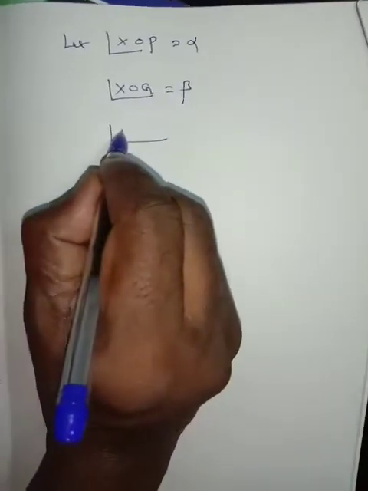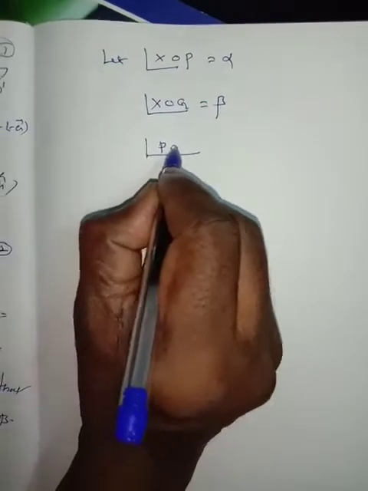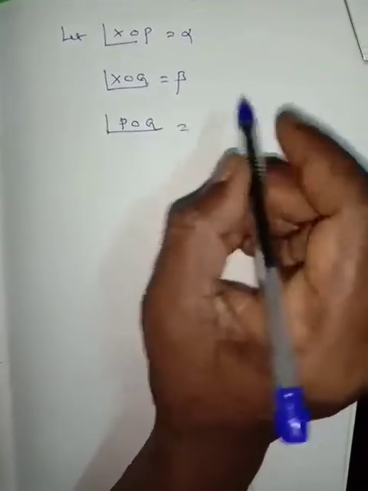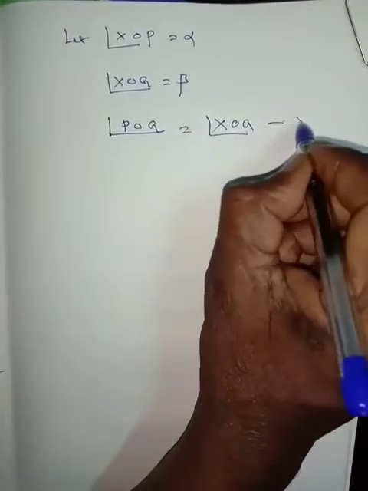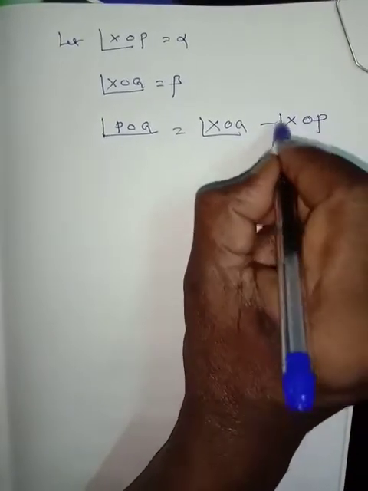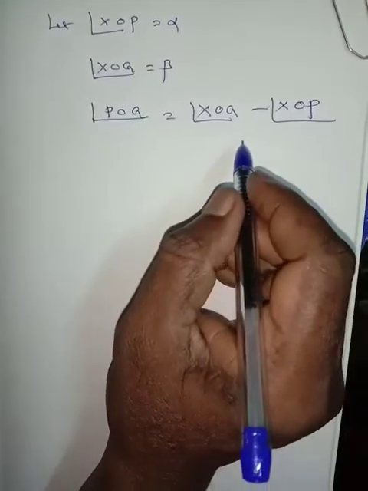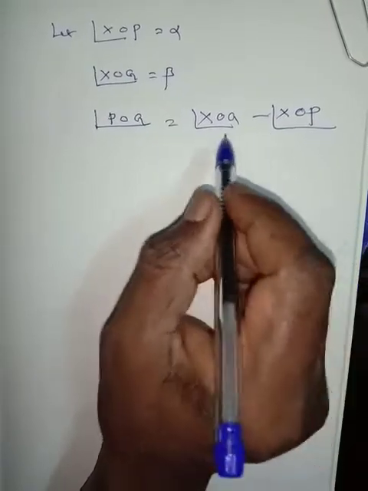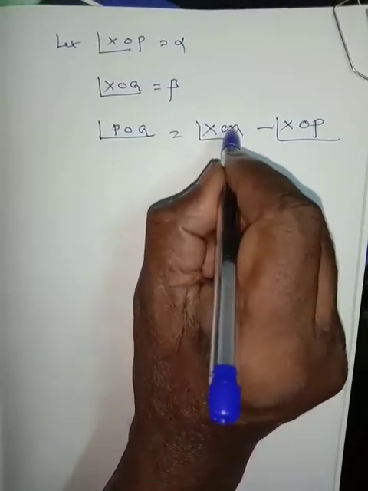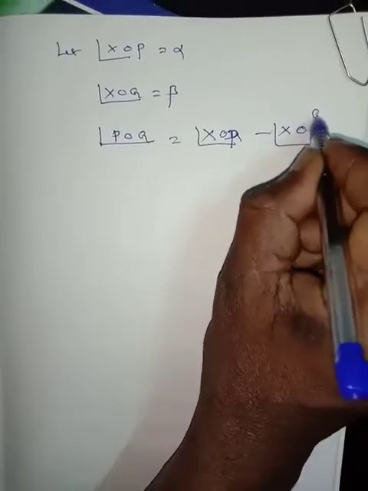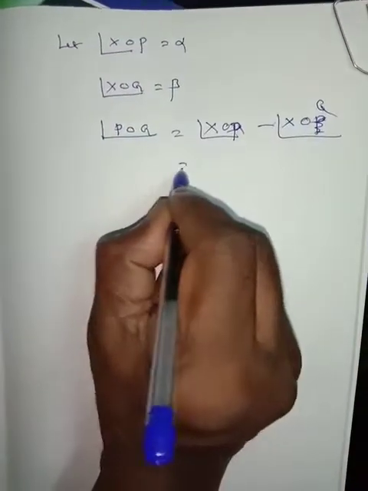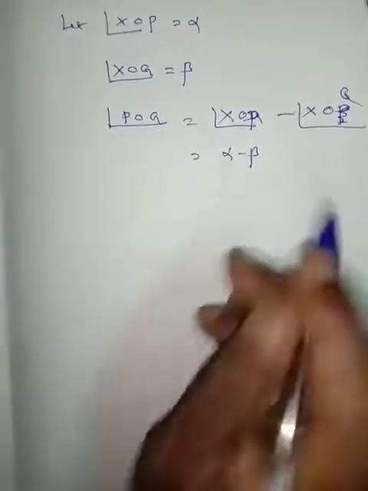Angle POQ is equal to angle XOP minus angle XOQ, hmm, that means alpha minus beta.